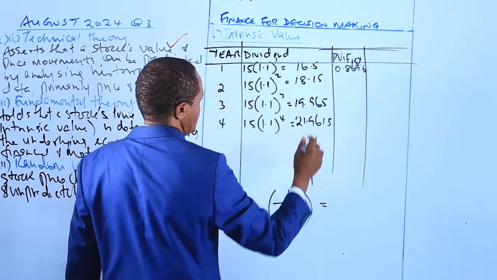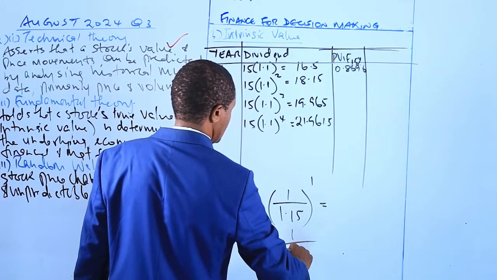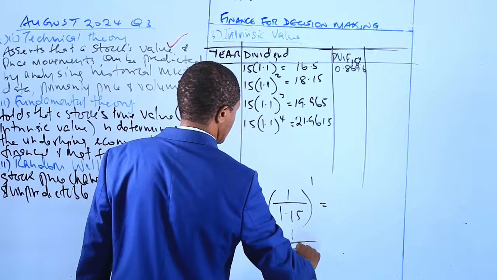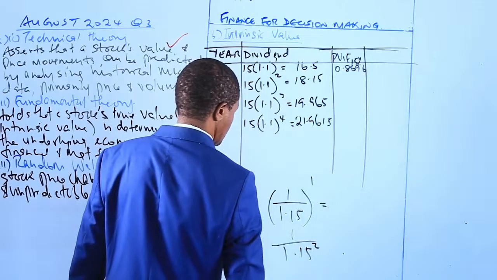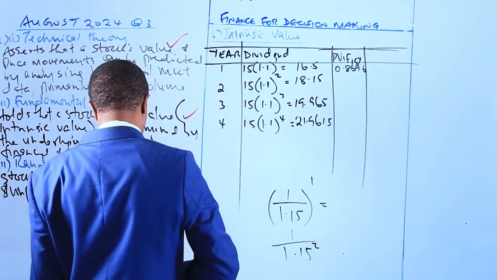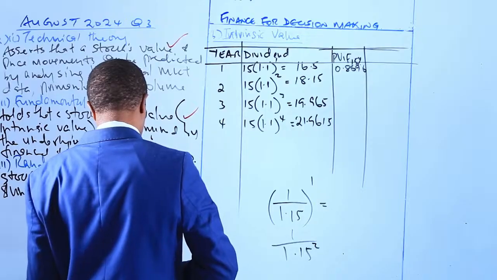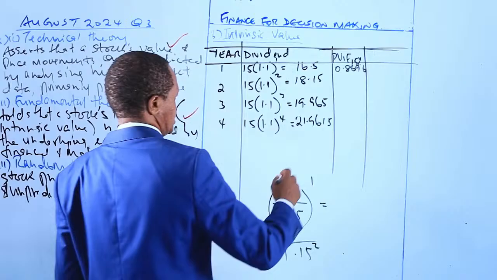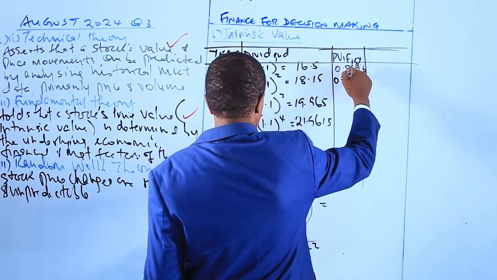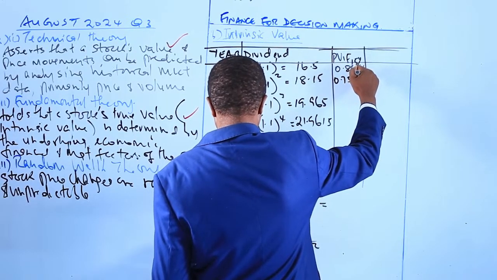It's going to be 1 over 1.15 raised to 2, so 1 divided by 1.15 squared, which is 0.7561.